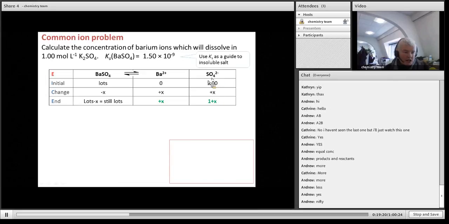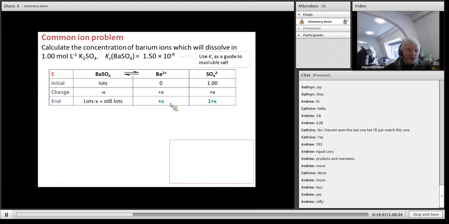So when it's all reached equilibrium again, I can still ignore this barium sulfate because it's my insoluble salt and it doesn't affect anything. I've got X amount of barium that has dissolved, and the amount of sulfate I've got is the stuff from the potassium sulfate plus the X from the barium. So that's where my 2 lots come in: my common ion, the sulfate, comes from the barium sulfate as well as from the potassium sulfate.